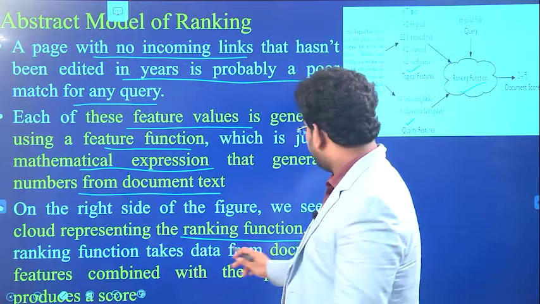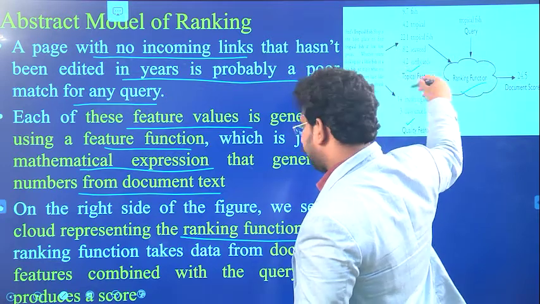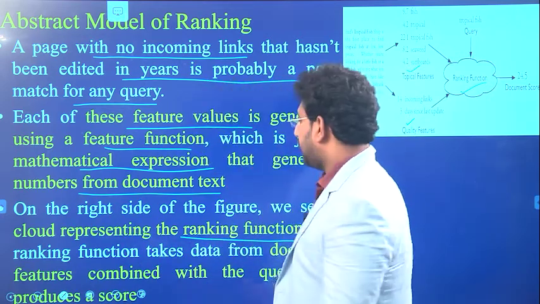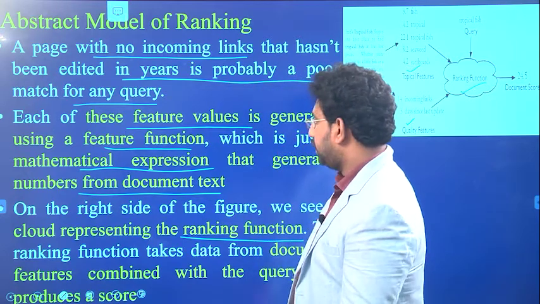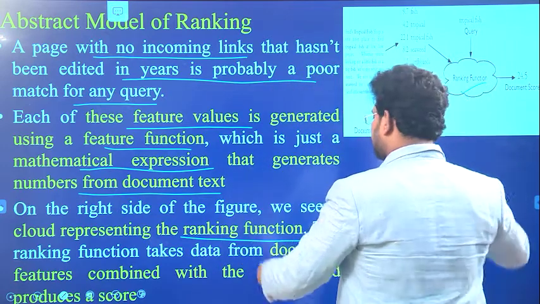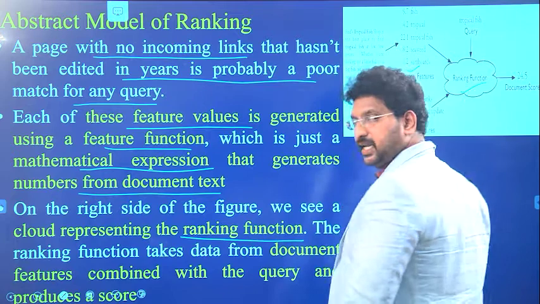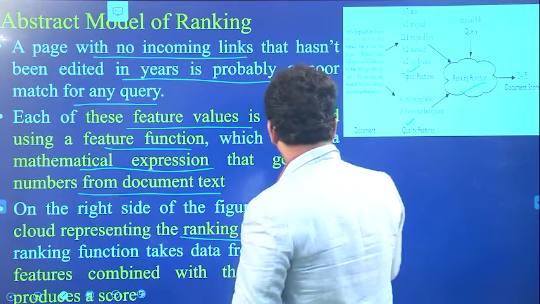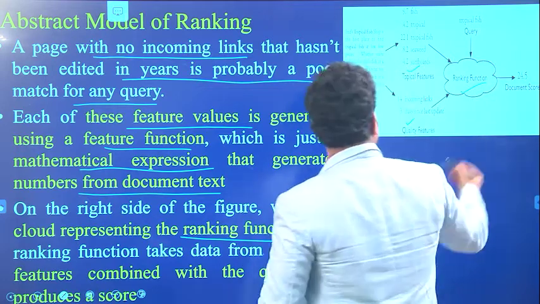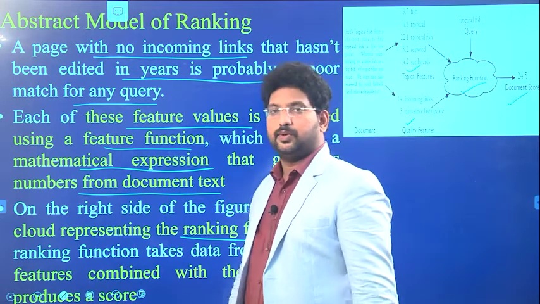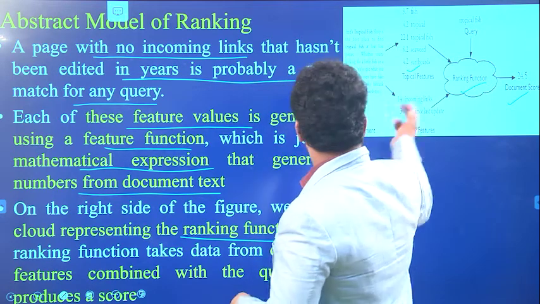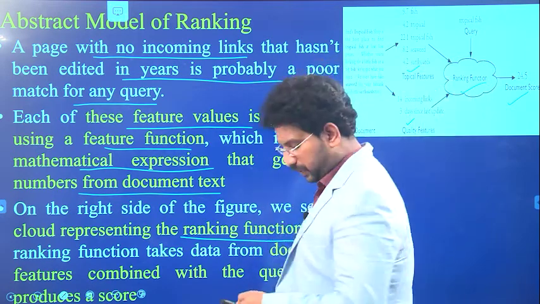The ranking function takes the data from the document features, combines it with the query, and produces a score. Here it generates the score from the features together with the query.